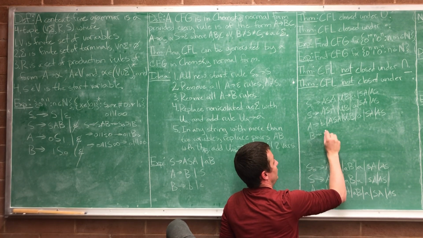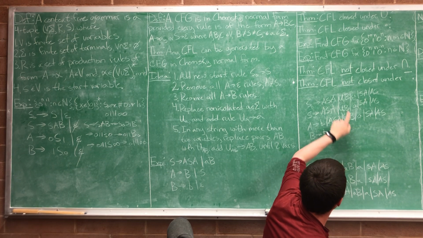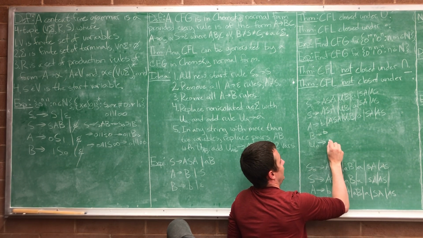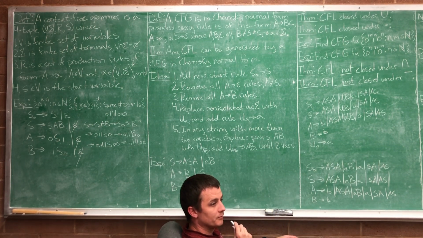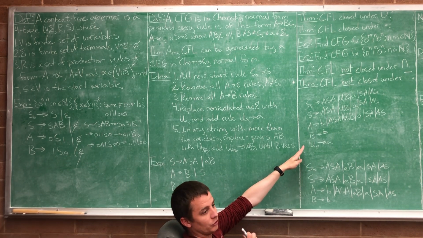B goes to little b. That's an isolated terminal, we're fine. Now the only one that we replaced was a little a with the U sub 0. So we need to add the production rule, U sub 0 goes to a. Still haven't changed anything, it still generates the exact same strings.